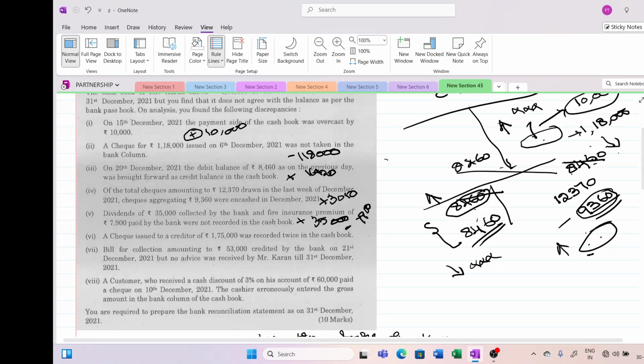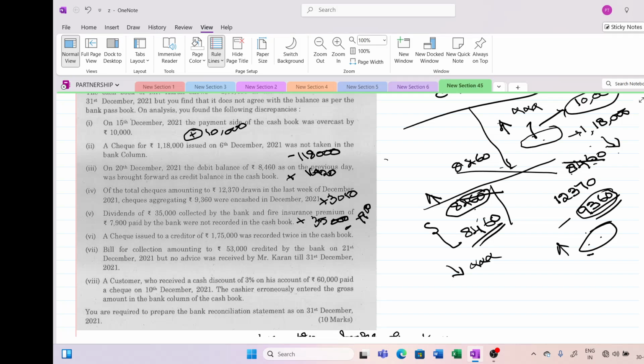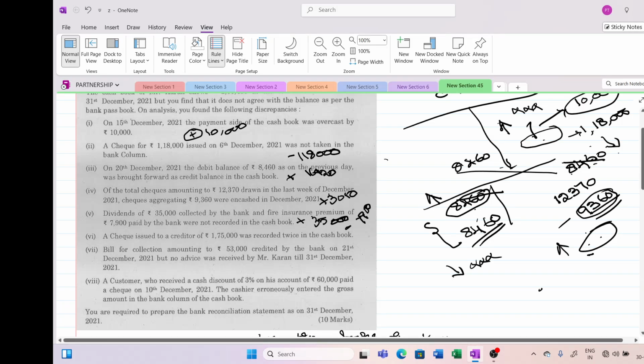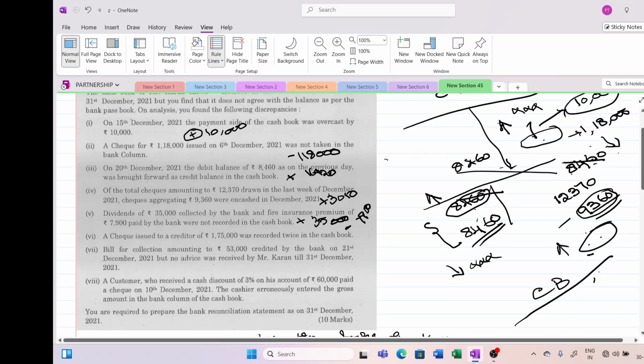Coming to the next one, a check issued to a creditor 1,75,000 was recorded twice in cash book. See here in the cash book, if you write anything on the payment side, you are reducing your balance. But what you have done, you have written one more time.